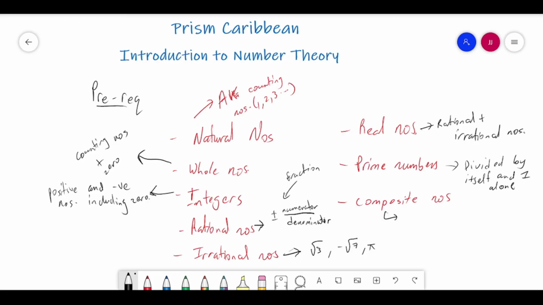So the factors of 16 will be like 16 by itself, 8, 4, 2, and 1. Since we know the factors of 16 are not 16 and 1 alone, we know it is 8, 4, and 2, we can say it is a composite number, right?